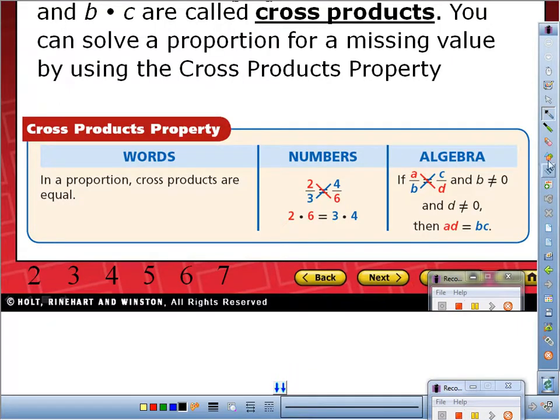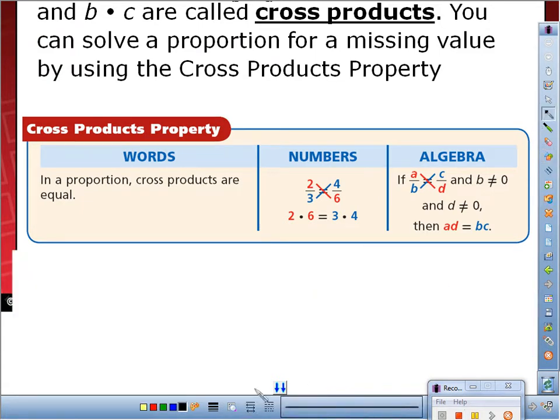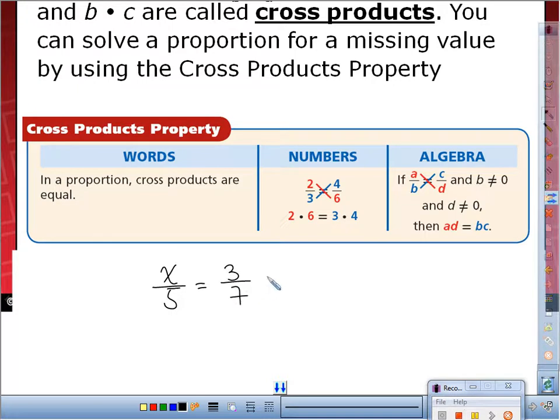Everybody look up. What if I gave you the equation x over 5 equals 3/7 plus x? Will the cross product work there? No, because it only works when we have one fraction equal to another fraction.